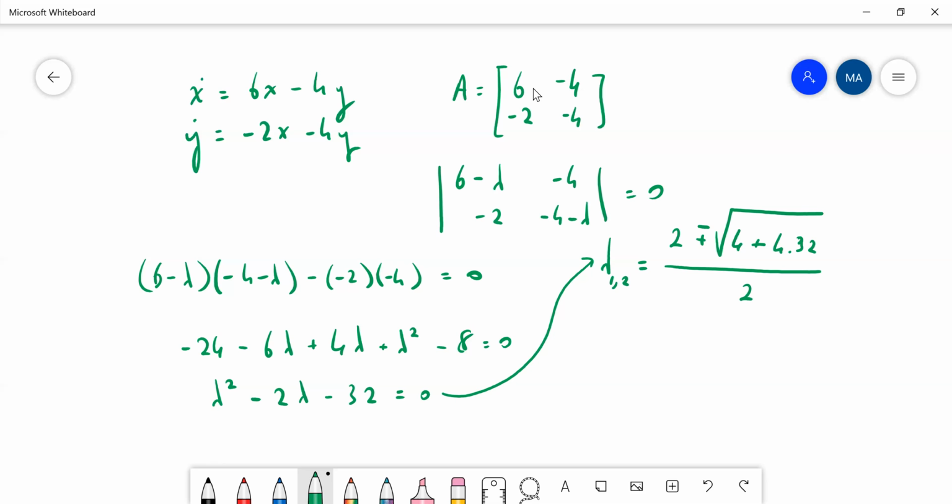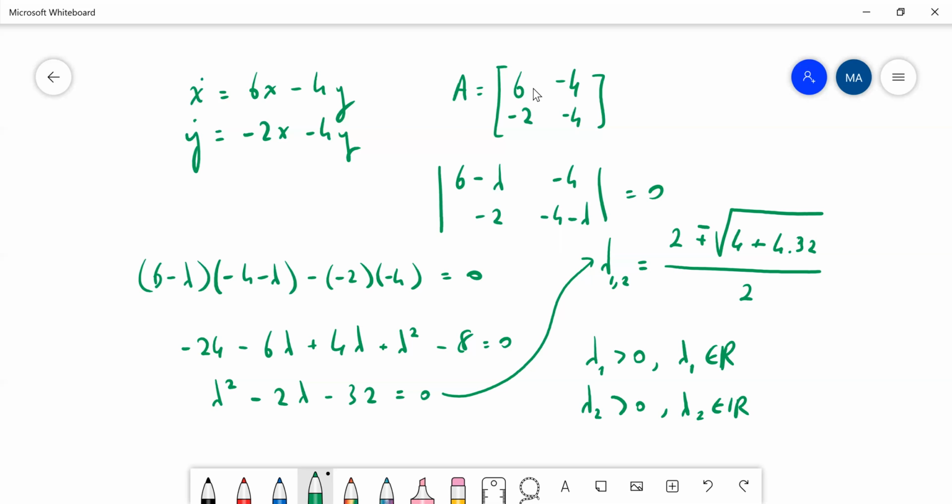Maybe both roots are positive, depending. Yes, both roots are positive here, and real. So lambda 1 is greater than 0 and real. Lambda 2 is greater than 0 and real, for instance, right?